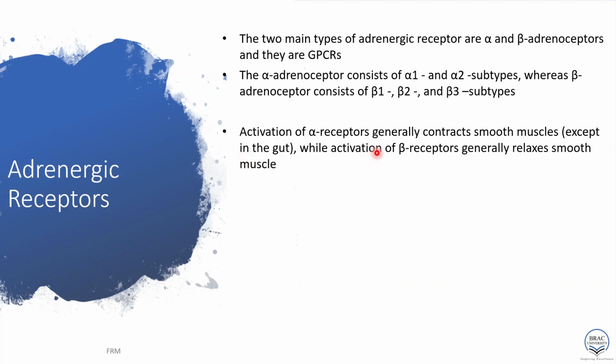So alpha receptors mainly increase blood pressure in the smooth muscle cells, while the beta receptors dilate or relax the smooth muscles. That means beta receptors in the smooth muscle mainly lower the blood pressure.